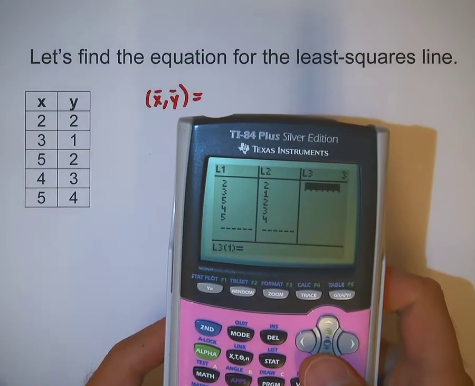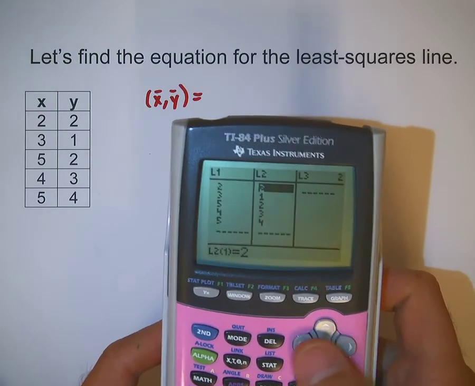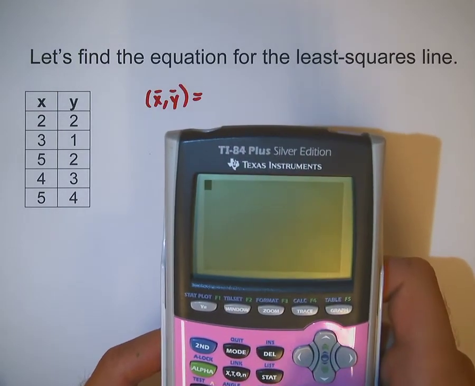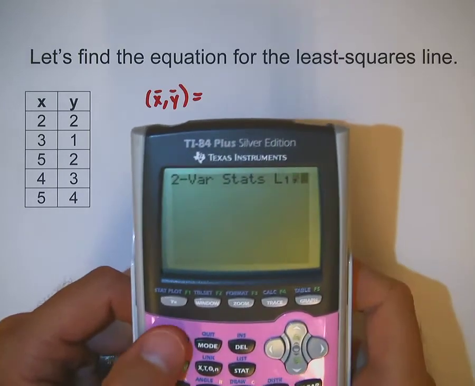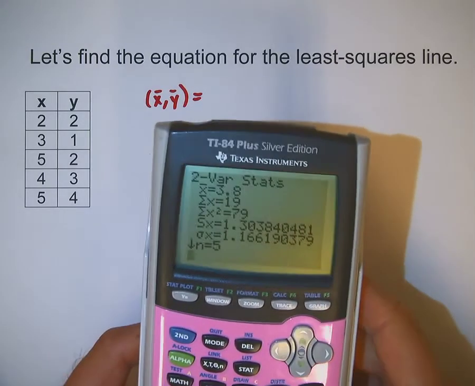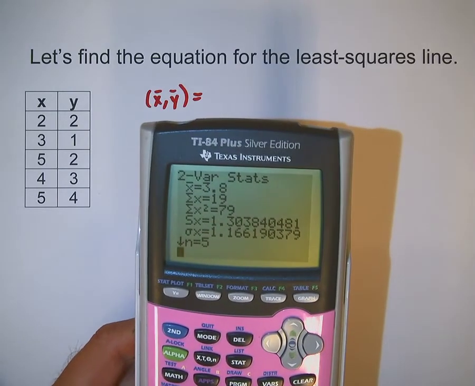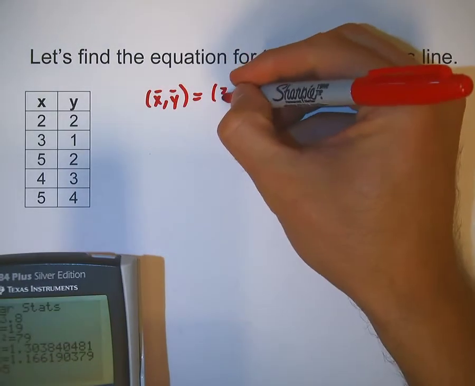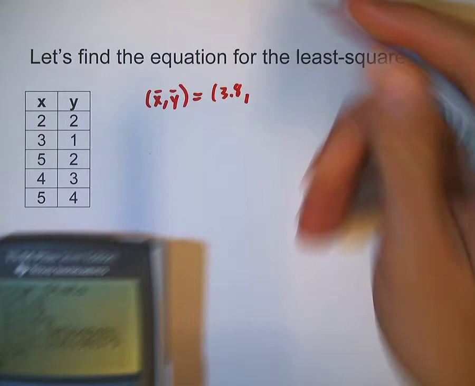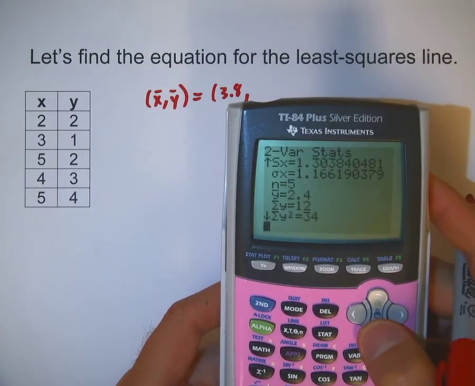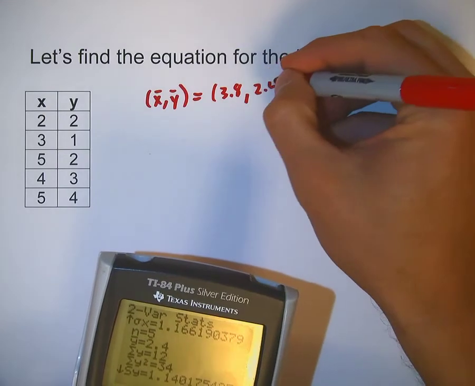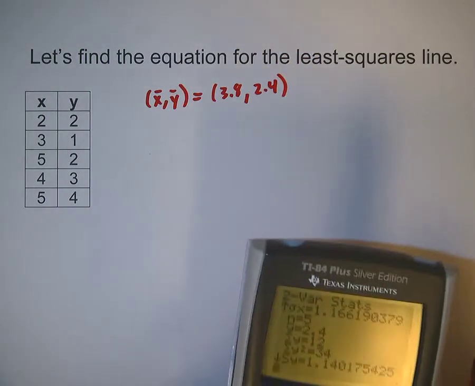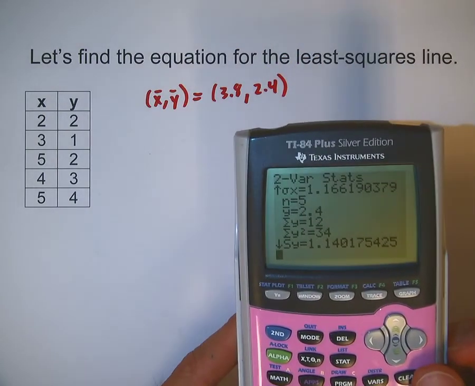I have the data in my calculator, so I can go ahead and find those values. x bar is 3.8, comma, y bar, if I scroll down, is 2.4. So 3.8, 2.4 is my x bar, y bar, or my centroid.